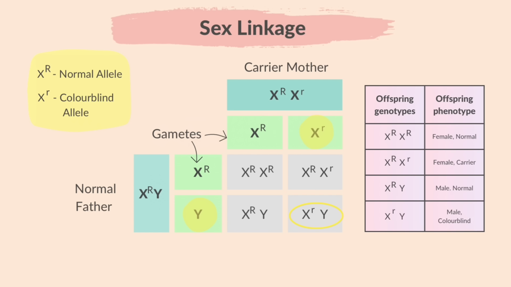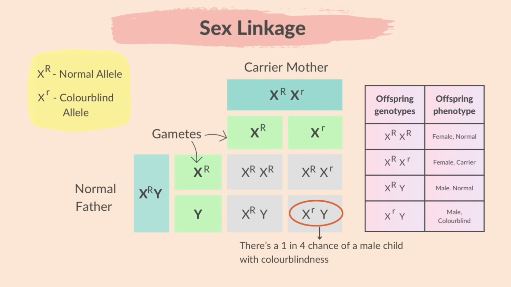And here we will have X small r Y, which is a color-blind male. So as you can see, there is a 1 in 4 or 25% chance of a male child with color blindness. There's also a 25% chance of producing a normal female, a 25% chance of producing a carrier female, and a 25% chance of producing a normal male.